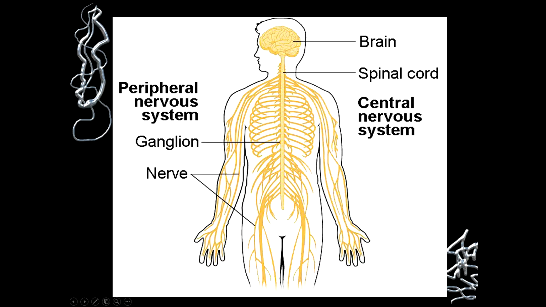The nervous system is comprised of two main parts, the central nervous system, which is the brain and the spinal cord, and the peripheral nervous system, which is scattered all across the body. So it has two major subdivisions, the central nervous system and peripheral nervous system.